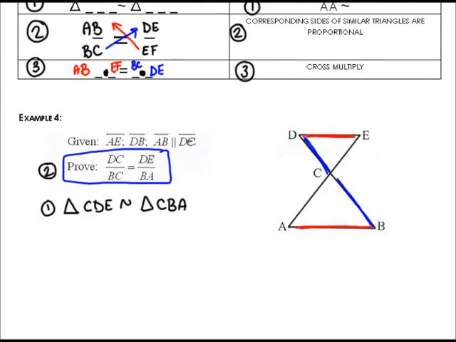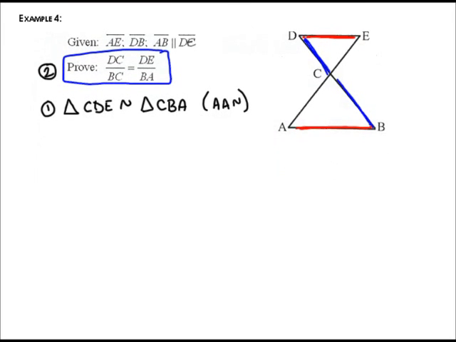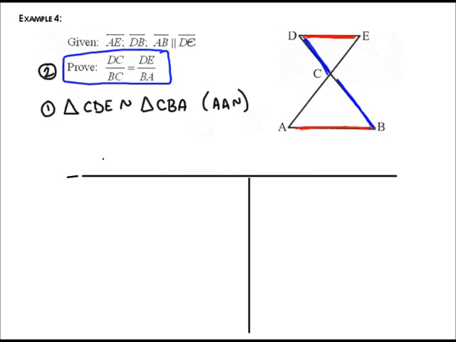Now remember, the way we prove triangles are similar is our angle-angle similarity theorem. So let's go ahead and start our proof. We need to go ahead and tee it off first. Write our statements and reasons. And go ahead and write down your givens. Your givens, we're told that we have line AE.